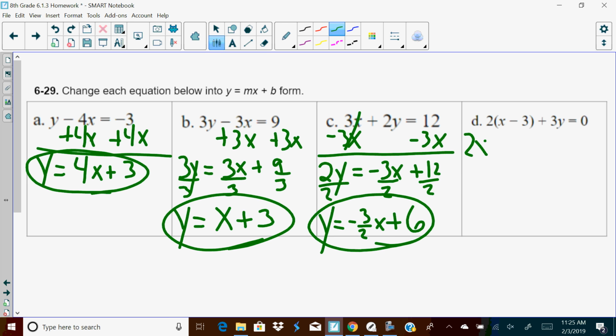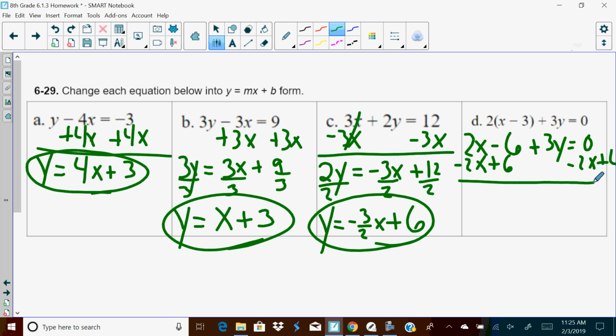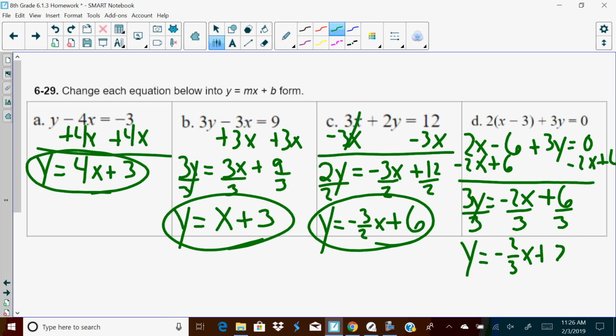So I get 2x minus 6 plus 3y equals 0. So then I'm going to move the 2x and the 6 over. So I'm going to subtract 2x and add 6. So I'm going to get 3y equals negative 2x plus 6 and divide everything by 3.